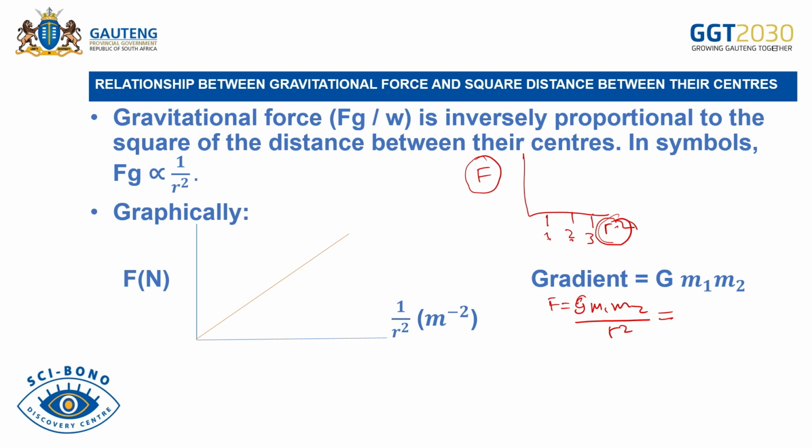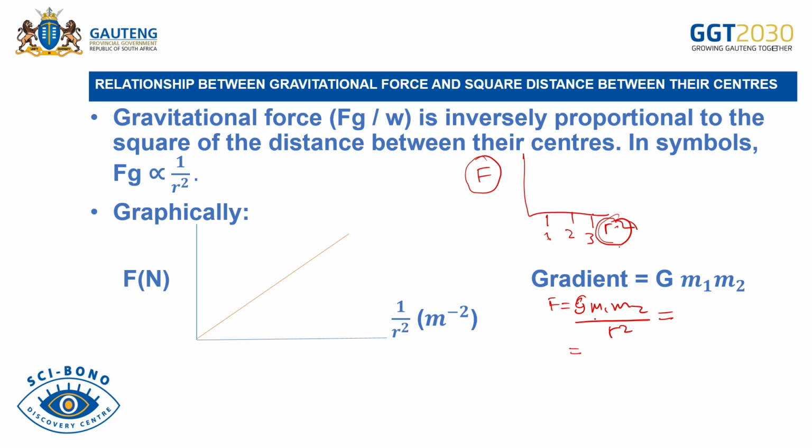And then R squared here is 2, and R squared here is 3. Then I want to find out what happens to F if I increase R squared. Now I'm going to use those values of R squared. What am I having here?